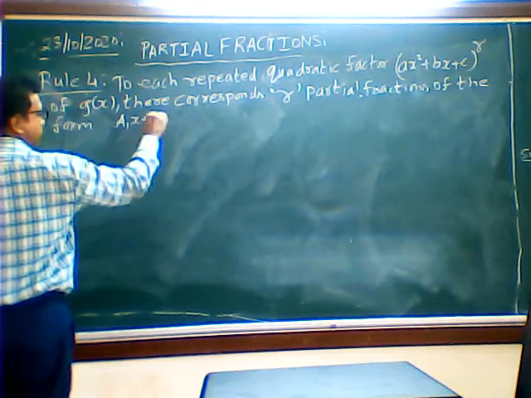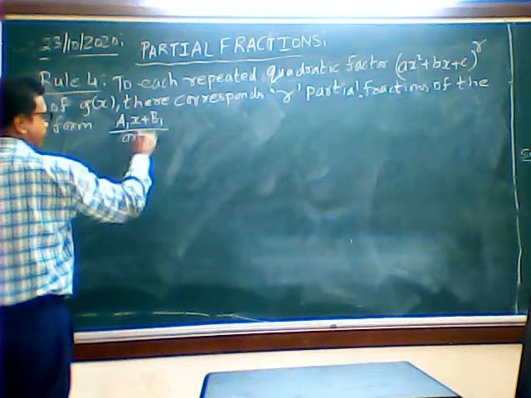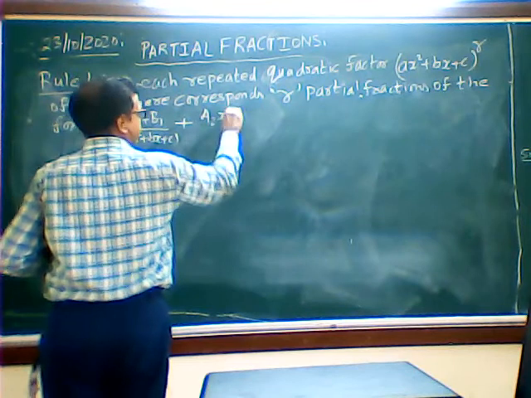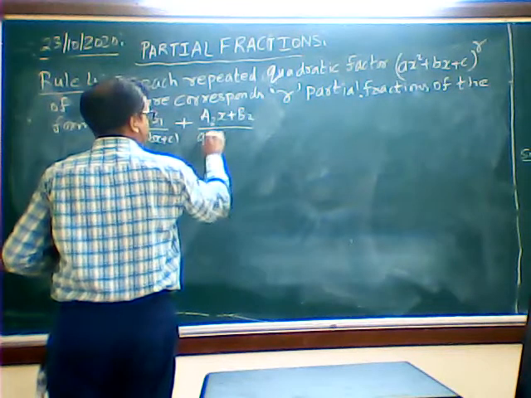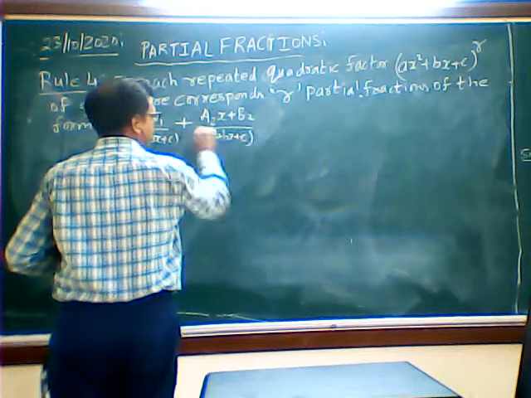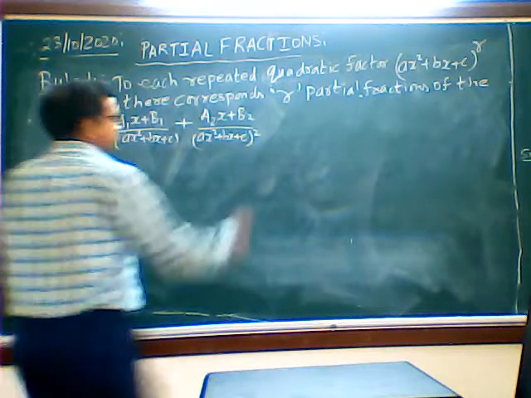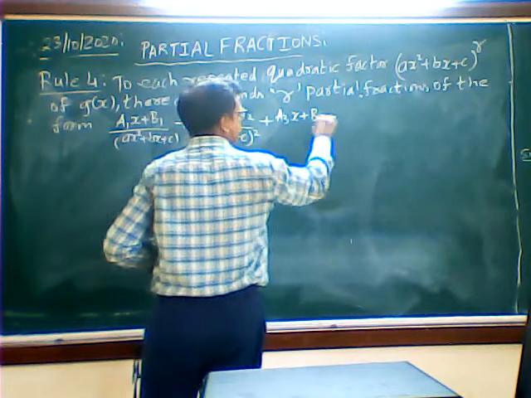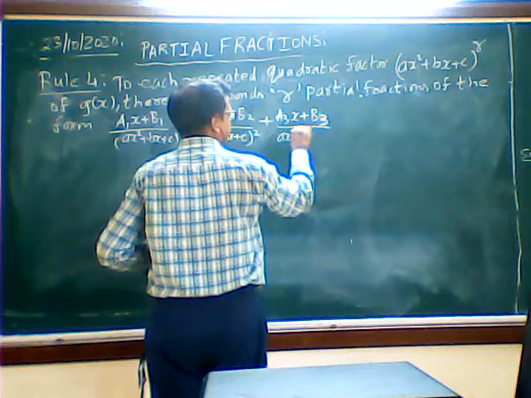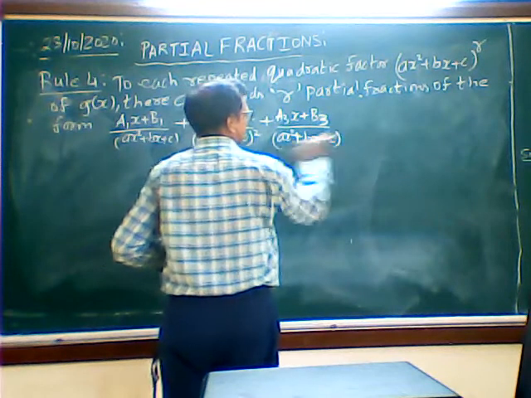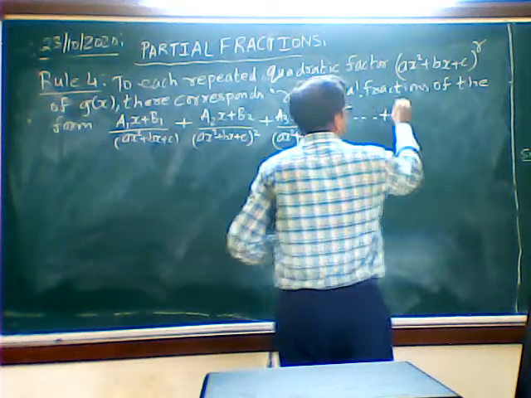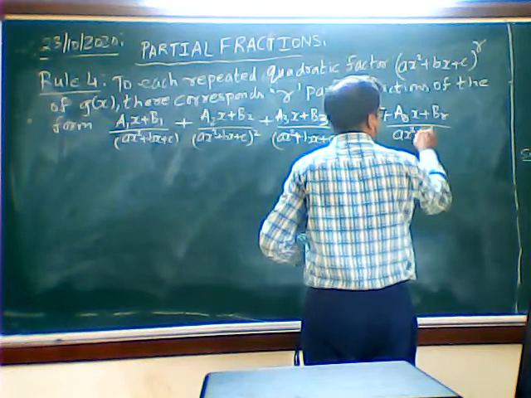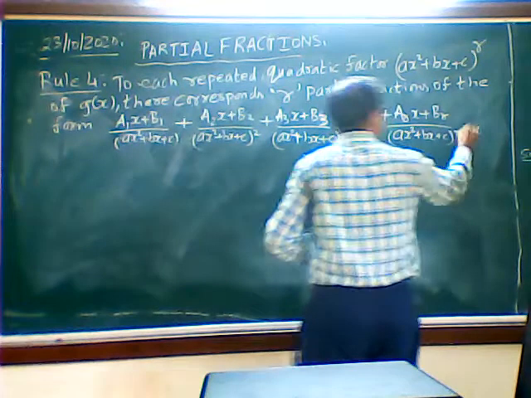(a1x + b1)/(ax² + bx + c), plus (a2x + b2)/(ax² + bx + c)², plus (a3x + b3)/(ax² + bx + c)³, plus and so on, up to (arx + br)/(ax² + bx + c)^r.